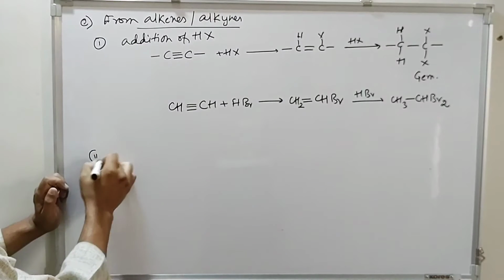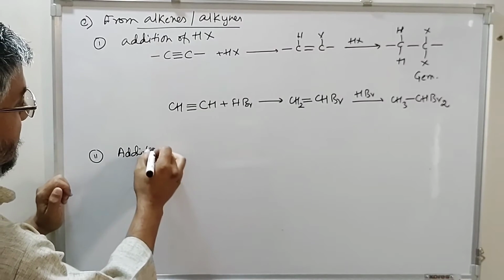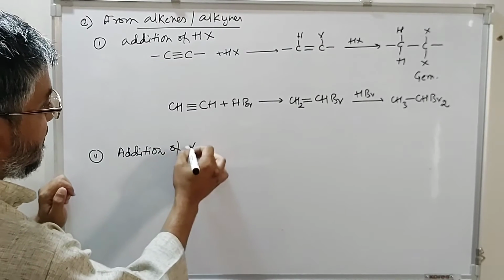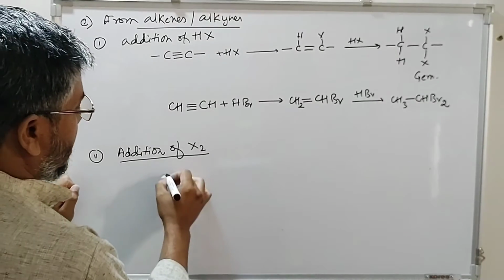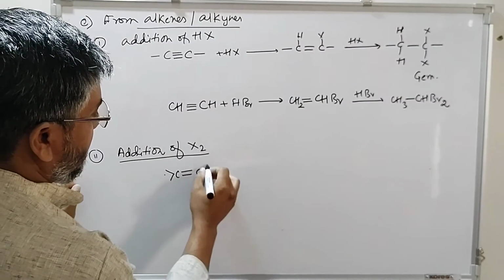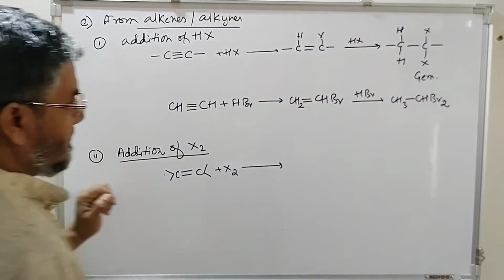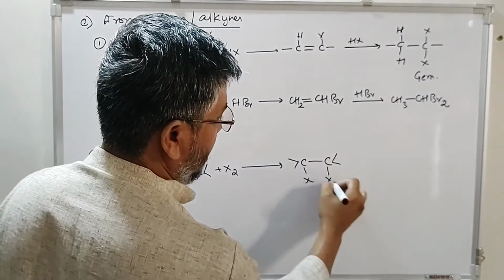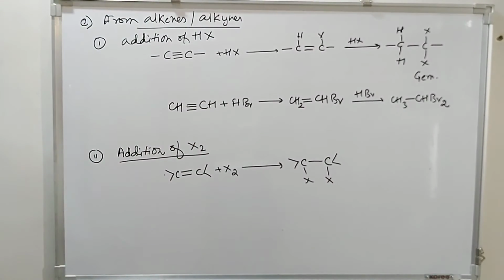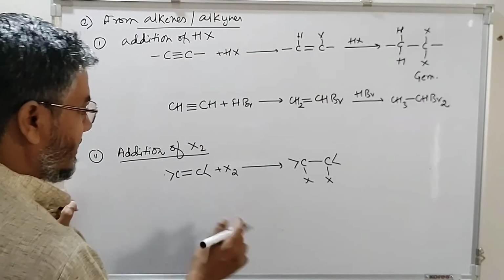The second method is the reaction with halogen, X2. This gives you dihalides, that is vicinal dihalides.